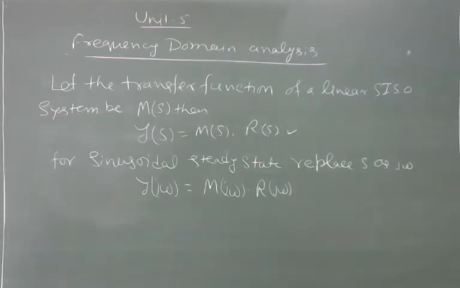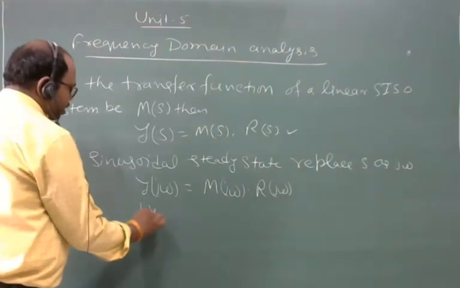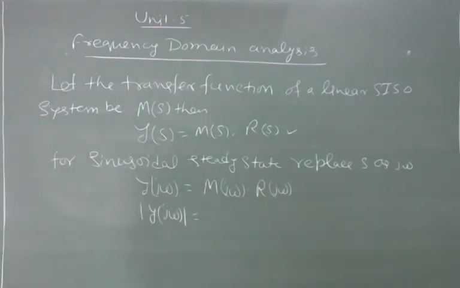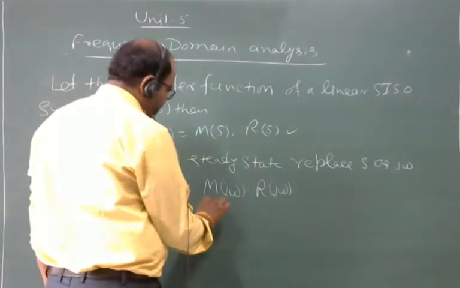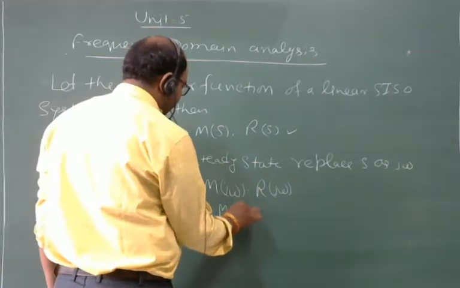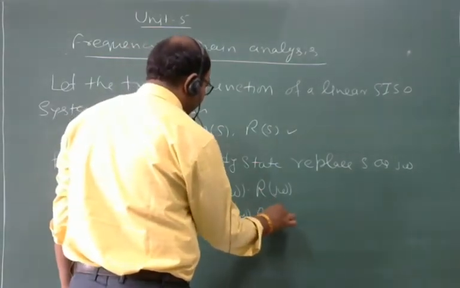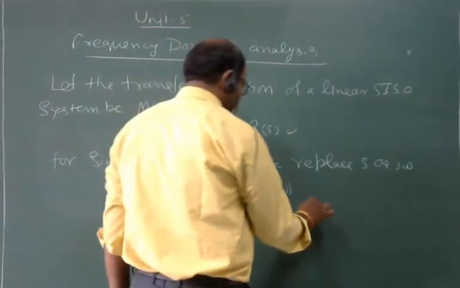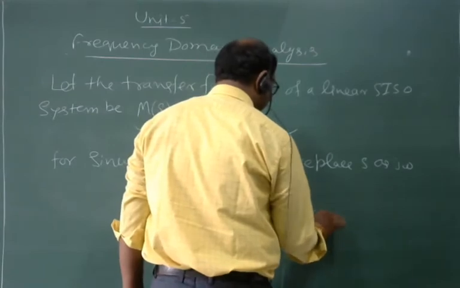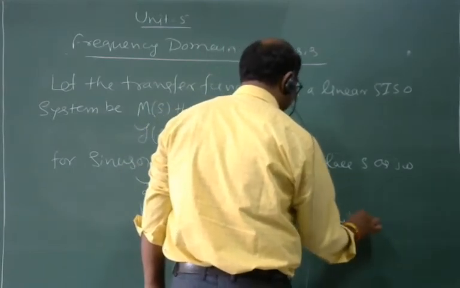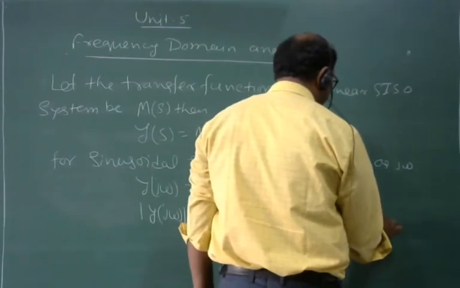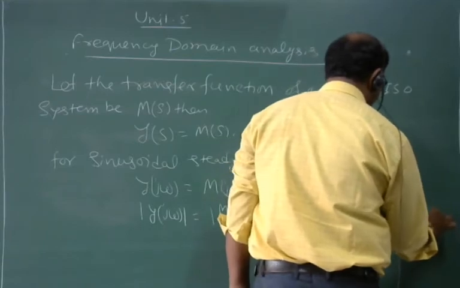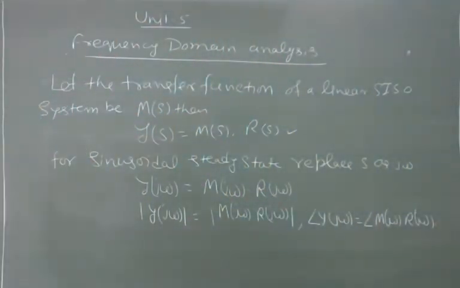The magnitude and angle of this Y(j omega): if I find the magnitude and angle, I am getting magnitude of M(j omega) times R(j omega), and angle of Y(j omega) is equal to angle of M(j omega) R(j omega), right?